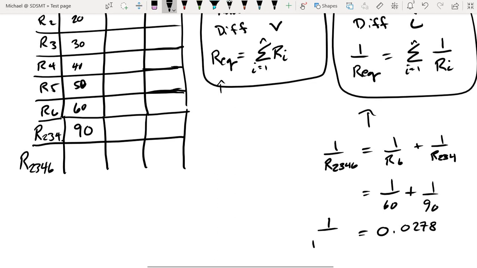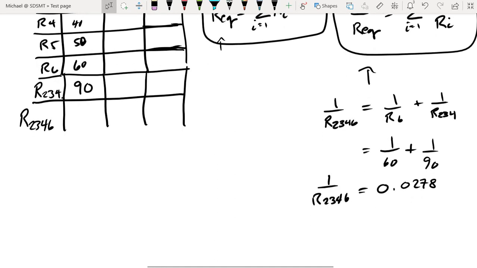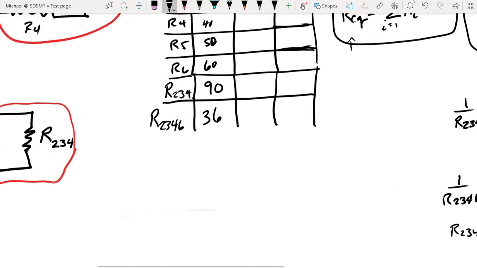But careful, that is not the value of the resistor that we want. That is the inverse. So to get the actual resistor value, we have to invert our answer, and when we do that, we get a value of 36. So 36 goes right in there.